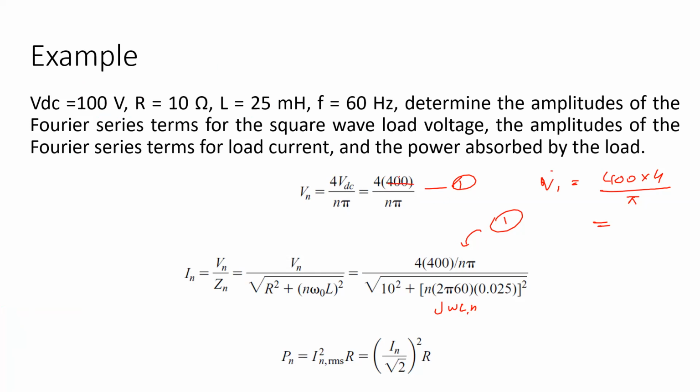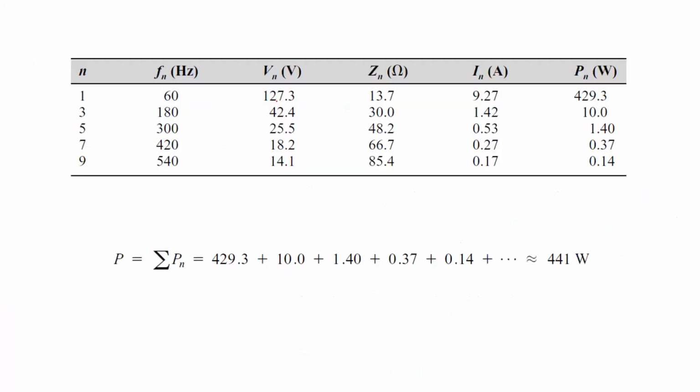So this should be 100 into 4, over π. We can erase this. 400 over π, it will be somewhere around 127, because π equals 3.14. So 127 volts. Okay. So I hope everybody can do this at home, right?